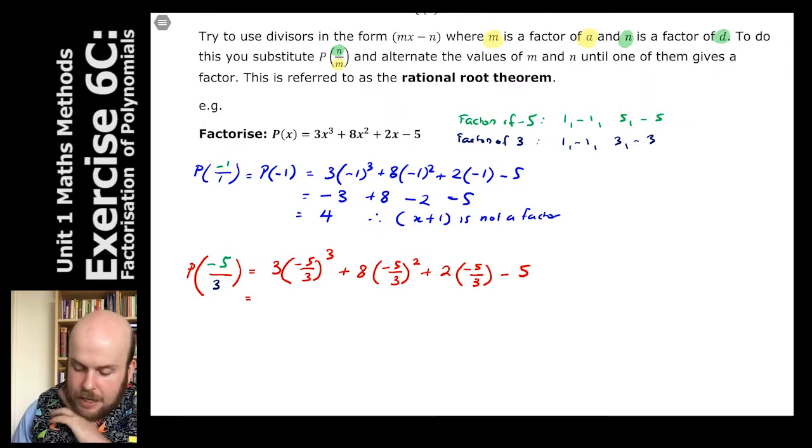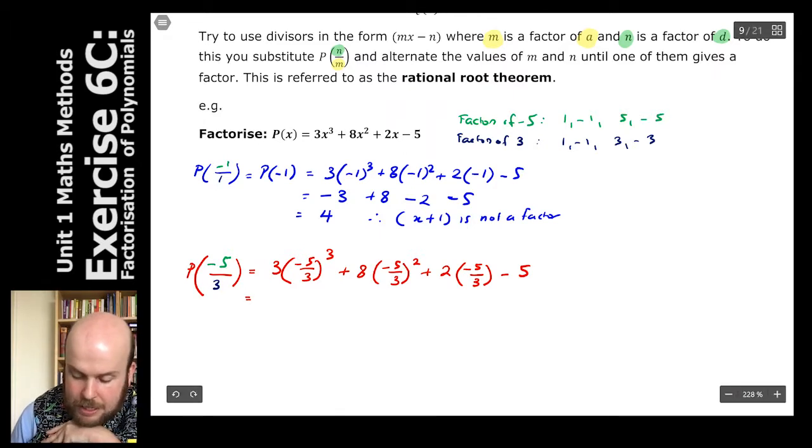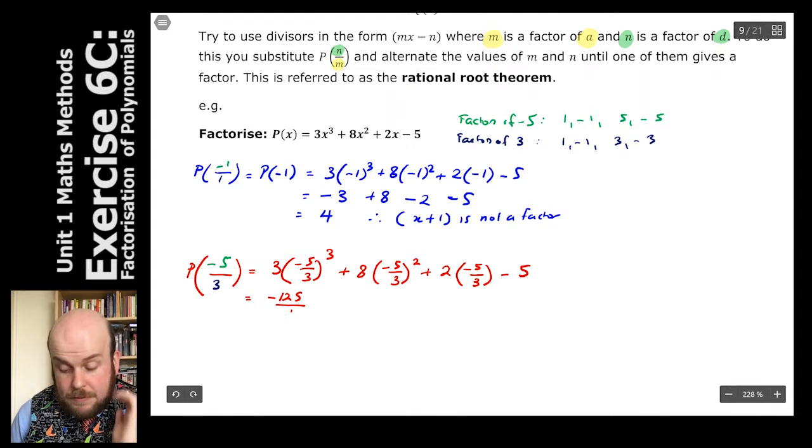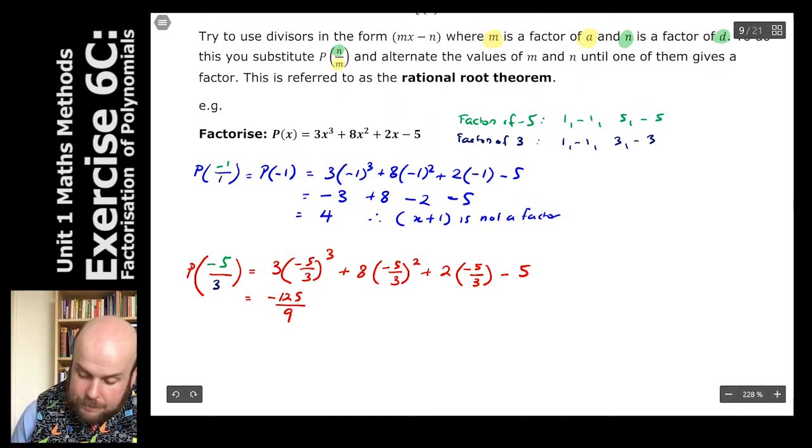So here we go. Now, -5 cubed, for our fun fact fans, we'll make that -125. 3 cubed is 27, but we've got this 3 out here to cancel out, so that's going to be -125 instead of over 27, over 9.